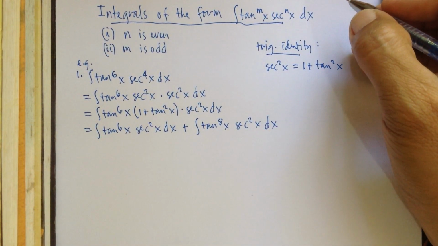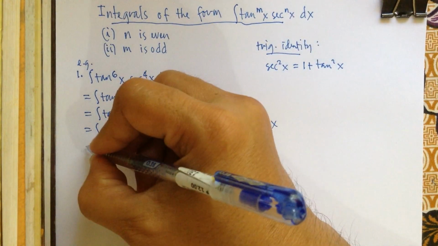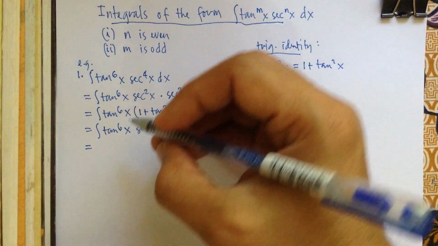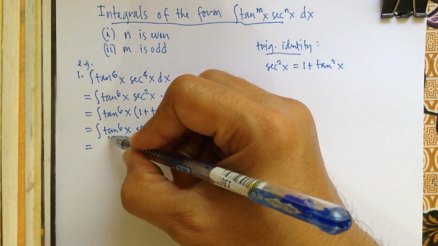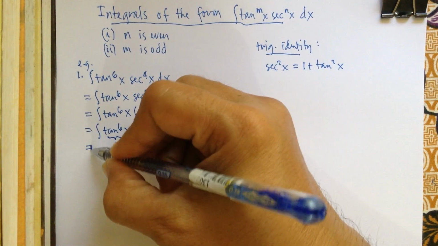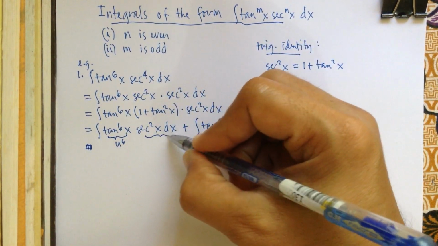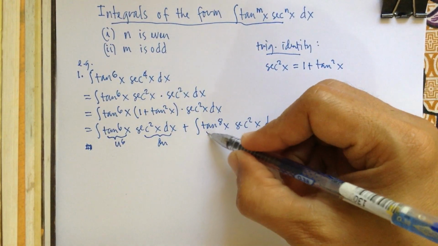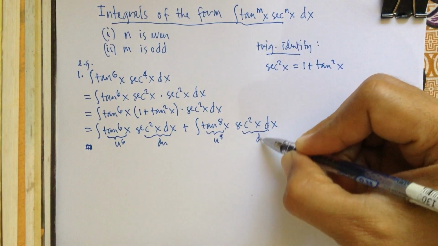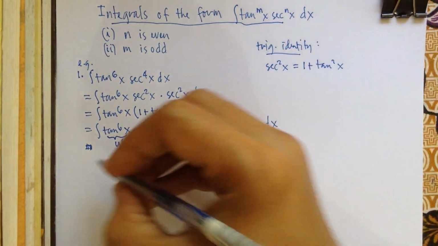Integral of the sum is the sum of the integrals. Okay, so we can now perform the integral here, because as you can see, your tangent is your u, so this is u to the 6. That means that this is your du. Here you have u to the 8, which means that this is your du.